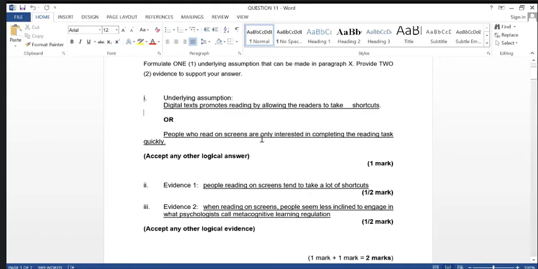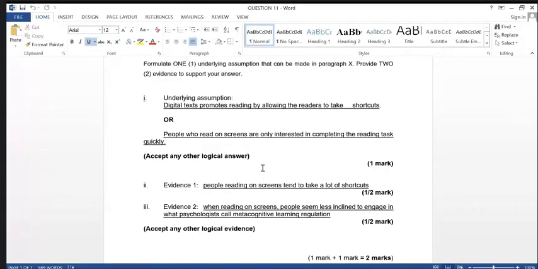Alright? And another assumption is that people who choose to read on screen are interested only in completing the reading task quickly. They are not really interested in getting a very comprehensive understanding of the text. They just want to finish and get certain information. That could be the possible answer.